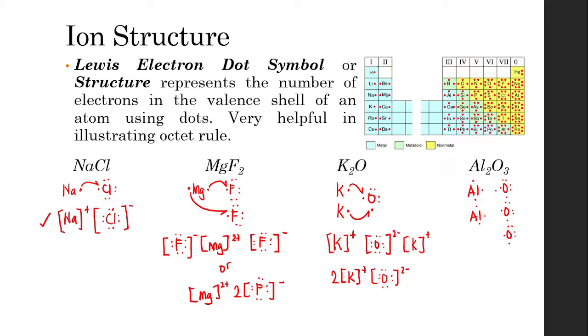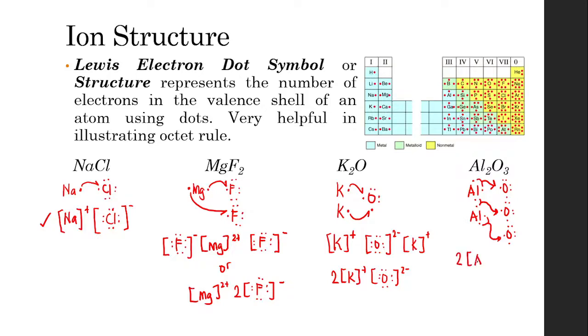So what happens is these 2 electrons are donated to this oxygen, and these 2 electrons are donated to this oxygen, and these 2 electrons are donated to this oxygen.